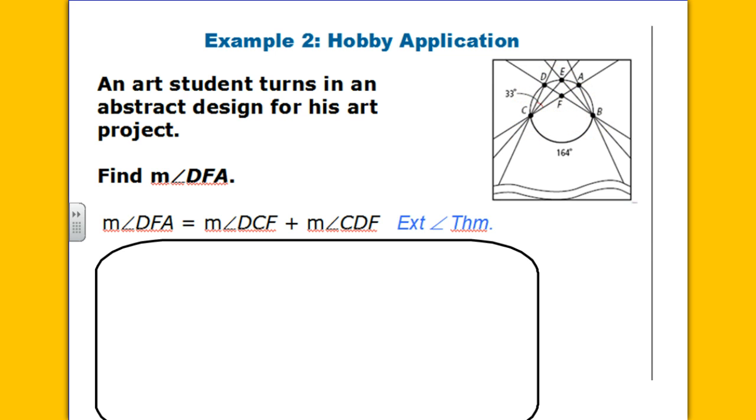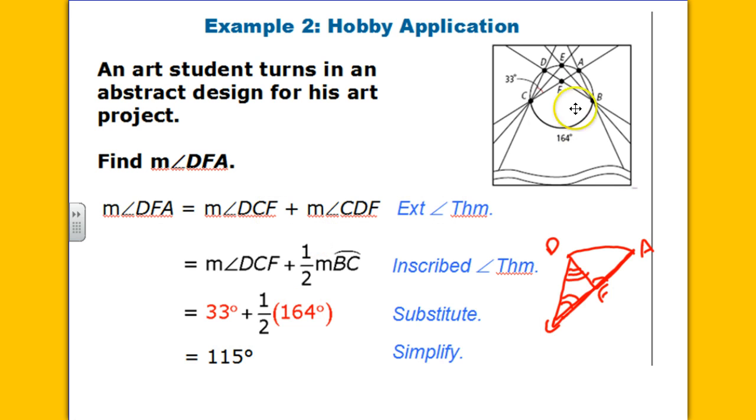Okay, so the question was, what is the measure of angle DFA? DFA is an exterior angle, so that's this theorem: an exterior angle is the sum of the remote interior angles. And we said already that this is a linear pair, so DFA plus this missing angle forms 180, and these plus this missing angle equals 180.